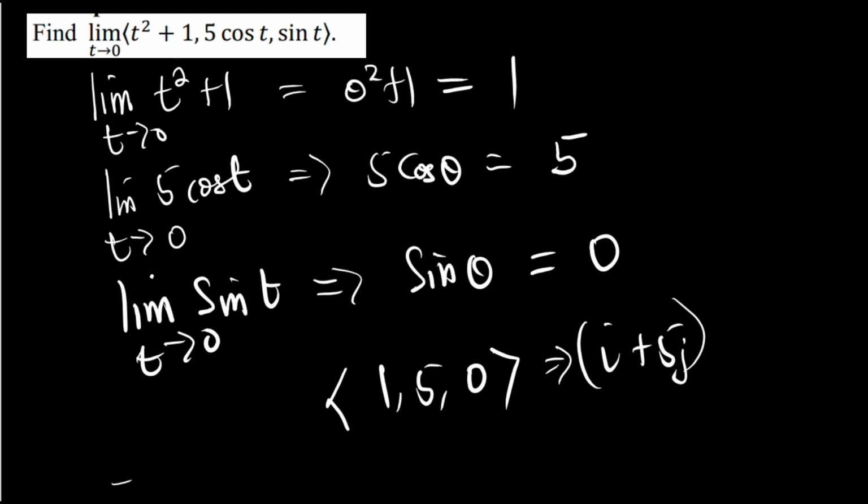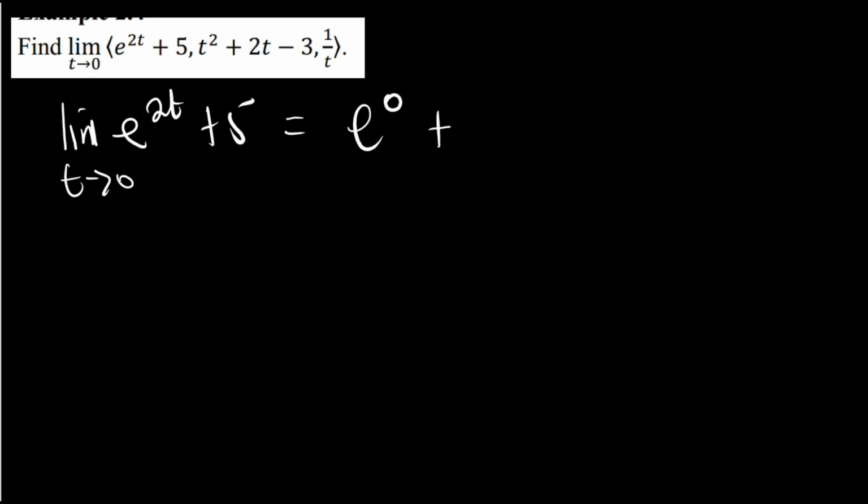Let's look at another one. Lim e exponent 2t plus 5 as t approaches 0 will be e exponent 0 plus 5. Sorry, it will yield 1 plus 5, which is 6.